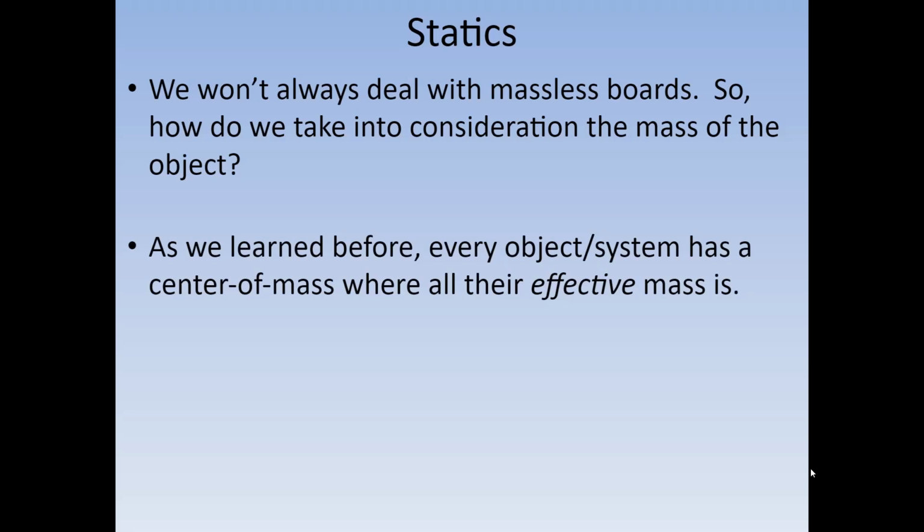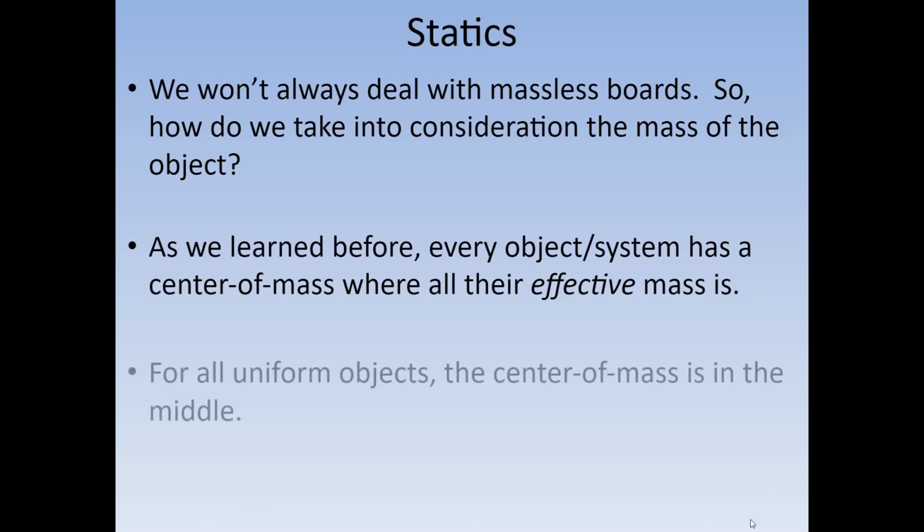That's what we're going to do here. Instead of talking about the mass of this entire long board, we're just going to talk about the mass being located at the center of mass. So we're going to imagine almost like the entire board is massless, except for that one point where its center of gravity is, where the center of mass is, and that's where all that mass is located.